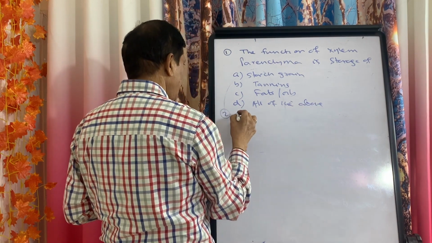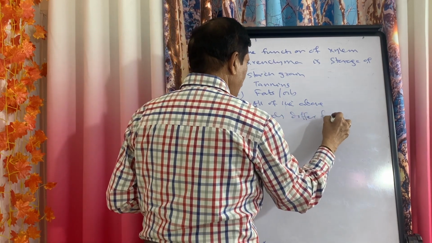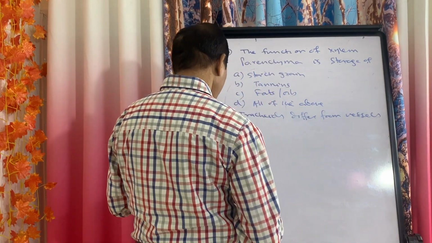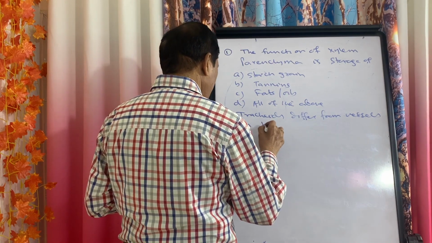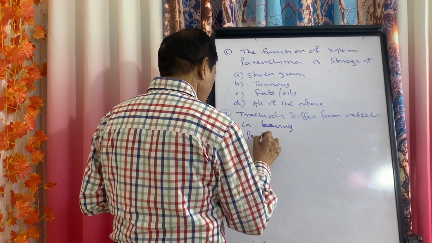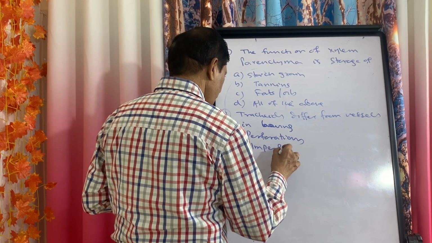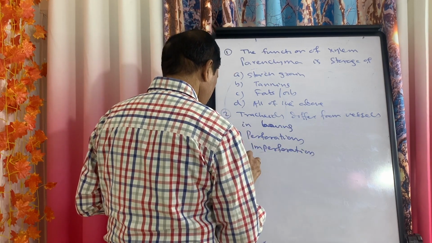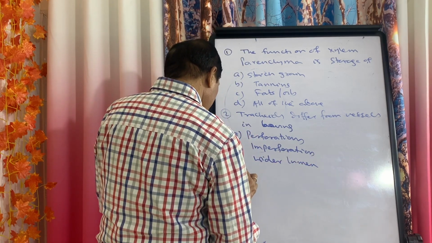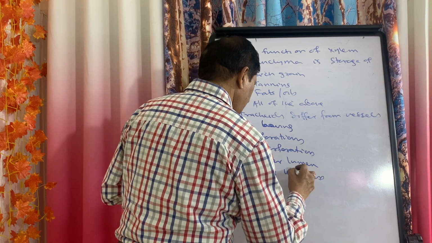Second question. Tracheids differ from vessels in having: A, perforations; B, imperforations; C, wider lumen; D, less thickness of cell wall.